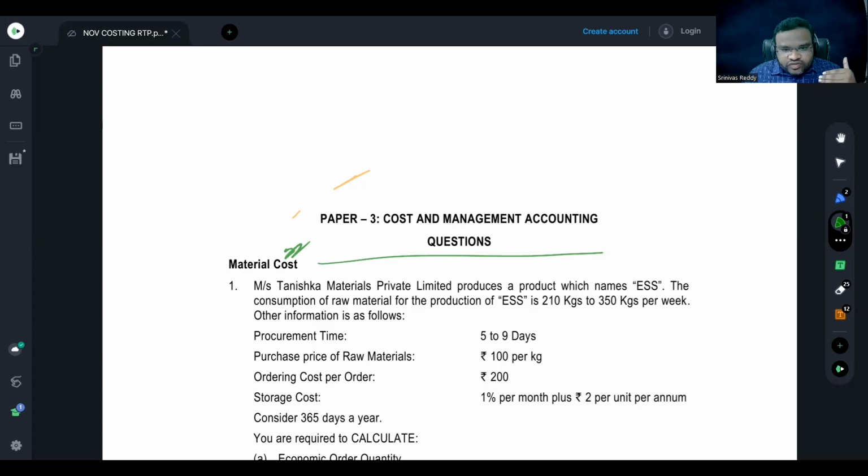The advantage is, one, your time management. Second is how fast you are able to switch. For example, I did a standard costing question on fixed overheads. Next, I should go to budgets and budgetary control and prepare a cash budget. Third, when it comes to material cost, I should be able to write down the inventory levels. And fourth, I should come back again to marginal costing. That conceptual fastness should be there.